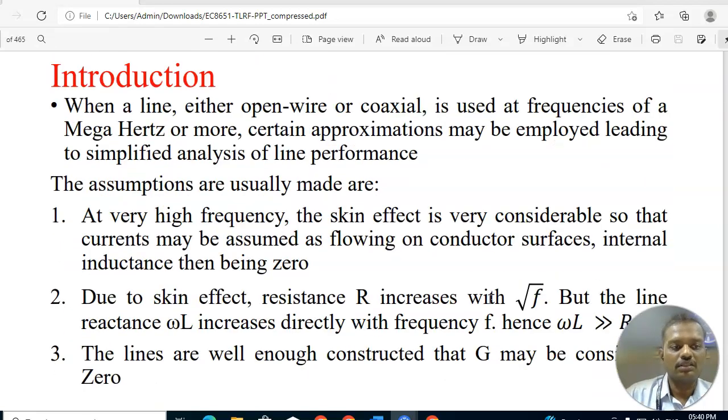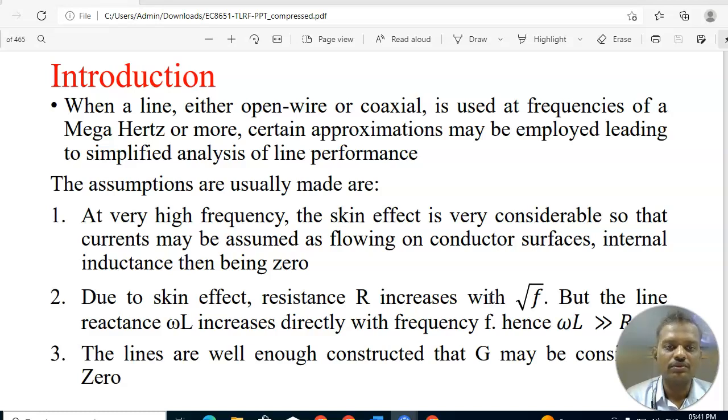So in that high frequency transmission line, we are going to keep some assumptions. We are going to send our signal in either an open wire or coaxial wire at a frequency range from kilohertz to gigahertz.